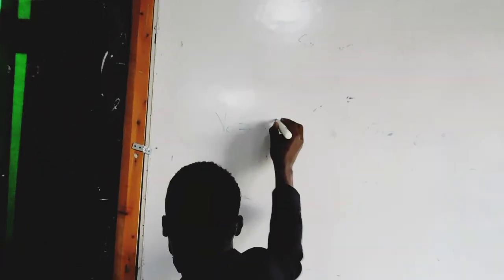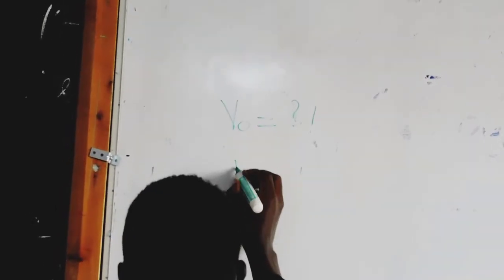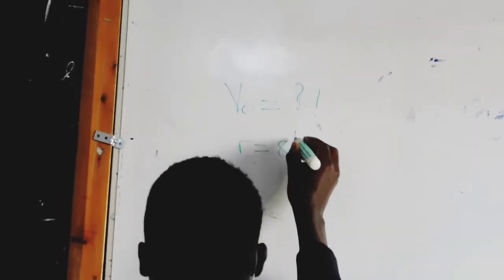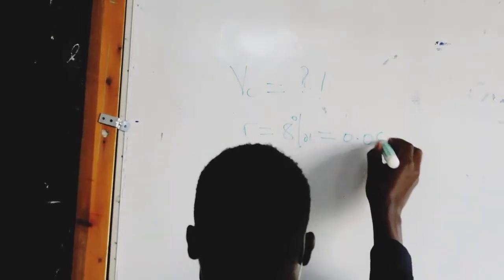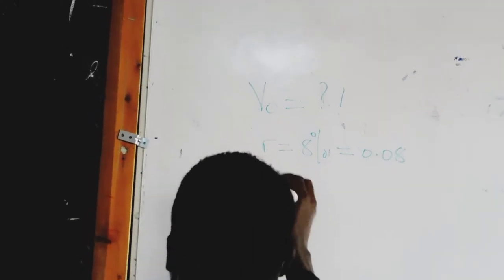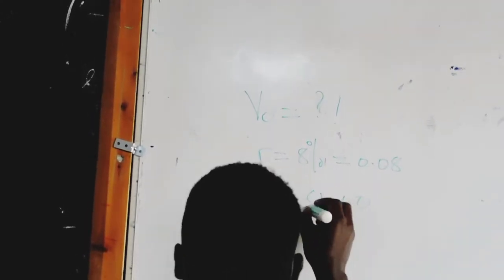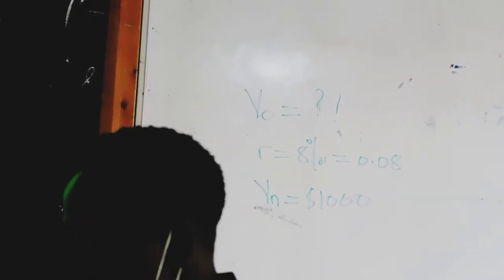The present value V naught, they are looking for V naught. And then the discounting factor is 8%, which is 0.08. And then the Vn is equal to 1,000 US dollars.